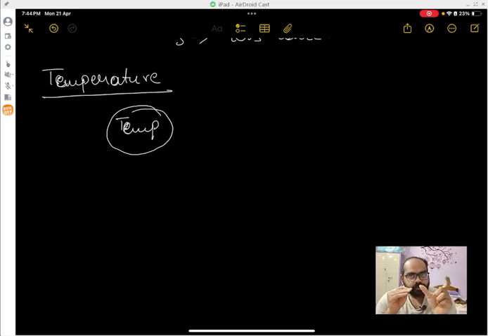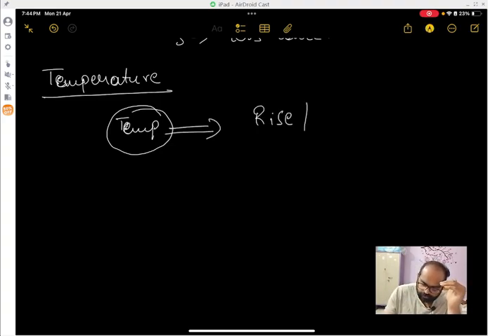Then the air present, that is the gases and atmospheric particles, water vapor, dust particles and gases together consist of air. So there will be movement of the air because of this rise or fall of temperature.